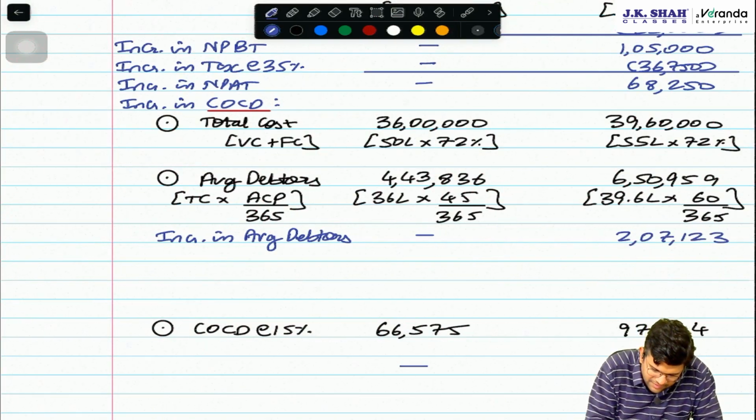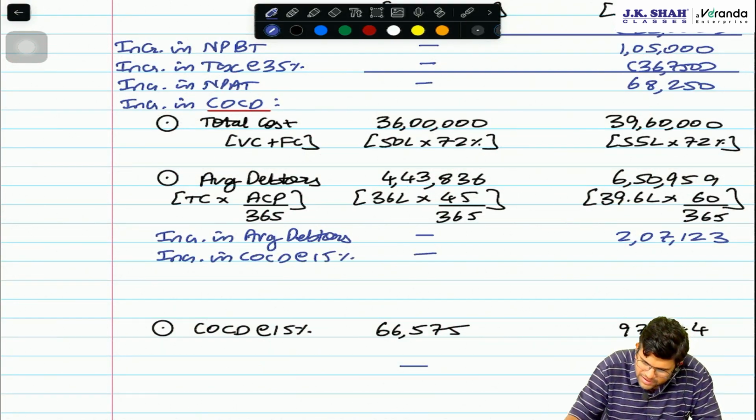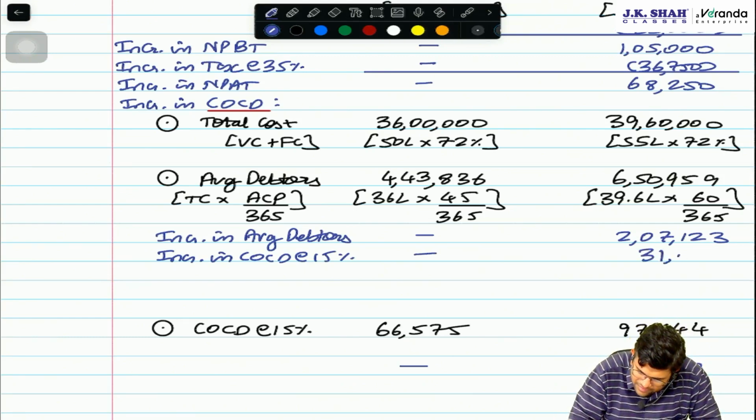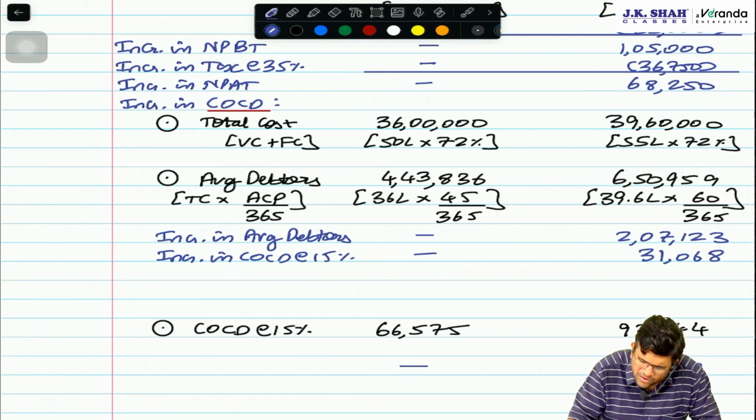Then straight away I will do the increase in COCD at the rate of 15%. This 207,123 into 15%, I will straight away get 31,068 or 069, because it is 068.45.